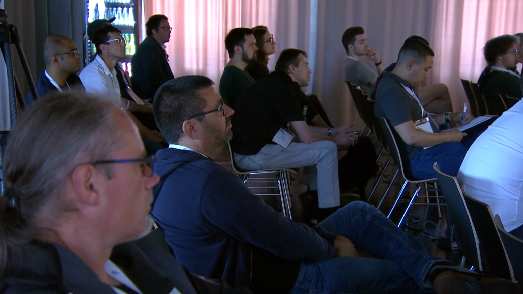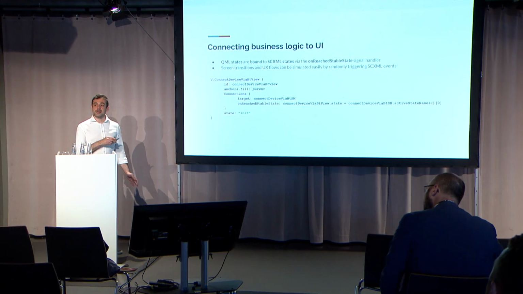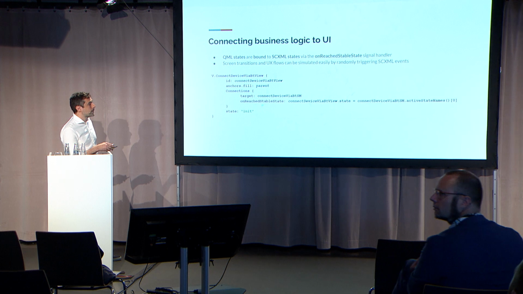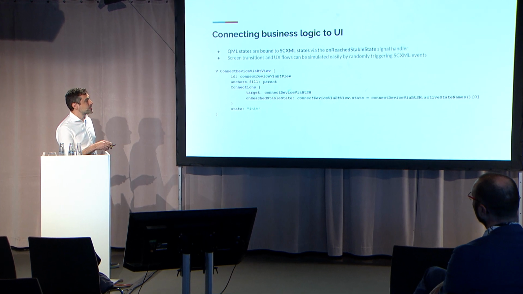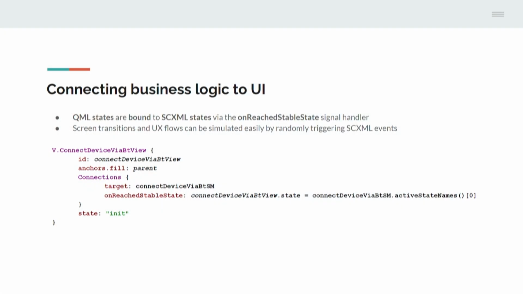Okay, but then how do we do visual state transitions? The state machine itself has a signal and a signal handler called onReachedStableState that tells you when it has entered a specific state. So it's not in a transition, but in a state. And it gives you a list of active state names.